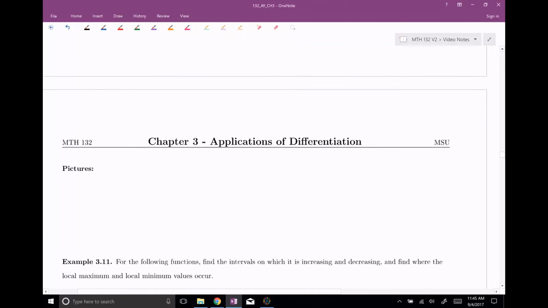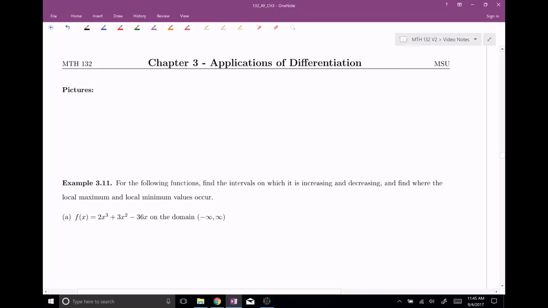So again, maybe a picture from this. I'm going to go ahead and do a local max here. So if you have the derivative is positive, and then the derivative is negative, something like this. So again, f prime is greater than 0, and then f prime is less than 0.